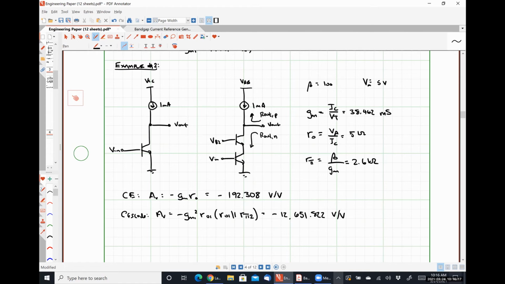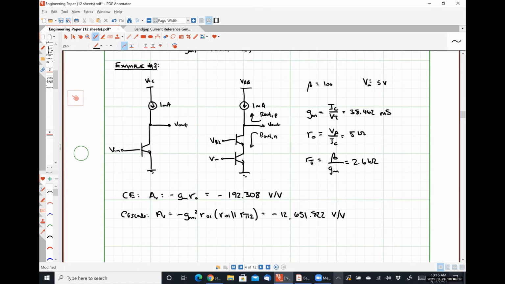Using the short circuit transconductance method of calculating the voltage gain, it should be fairly obvious, actually, that we would just have GM1 multiplied by the output resistance seen looking into this terminal, which would be R out N in parallel with R out P.